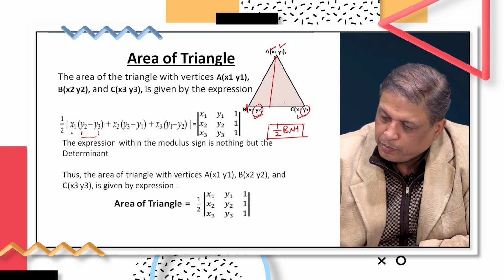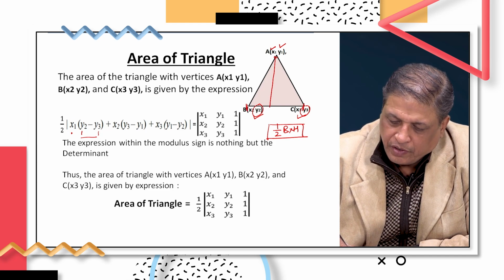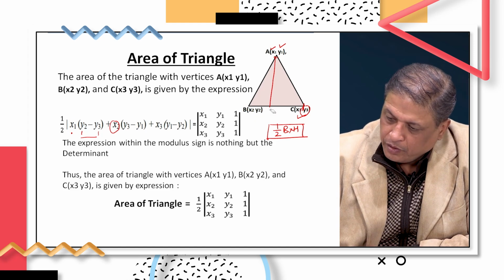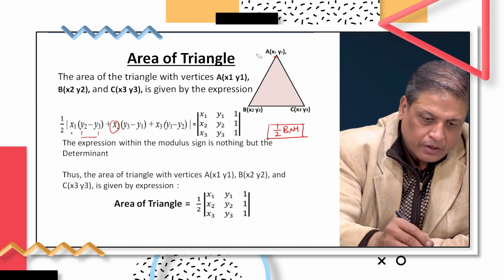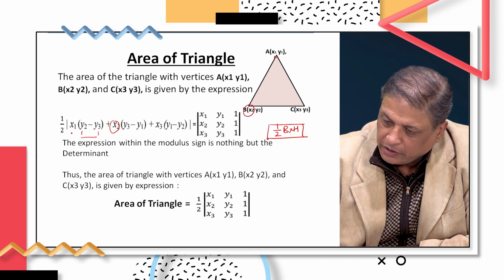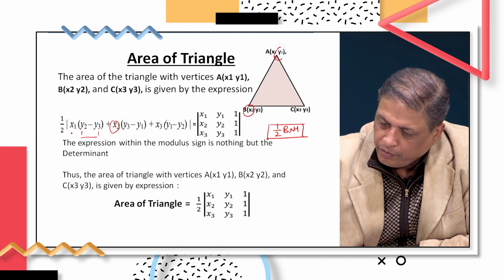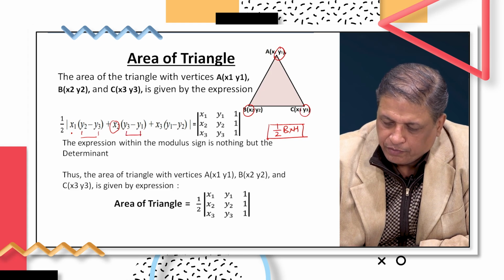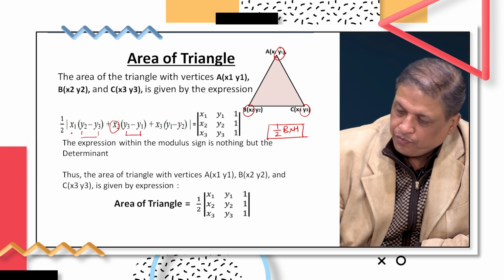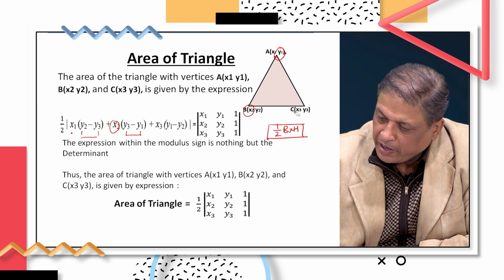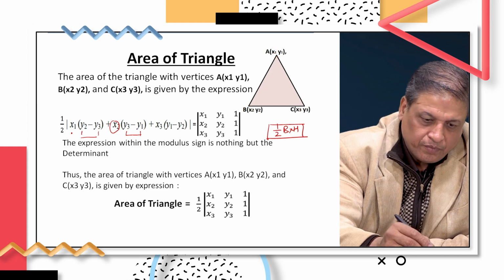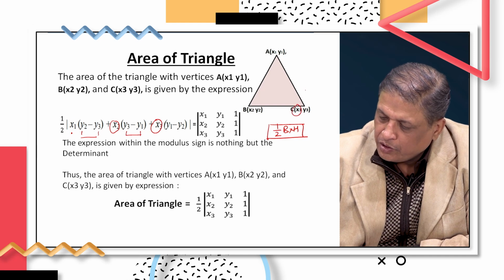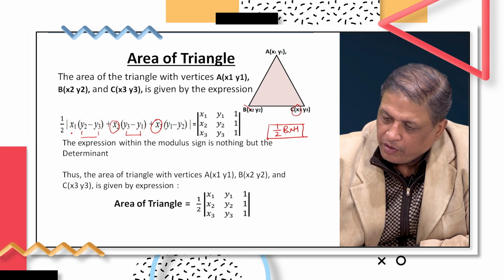Similarly, the next value is x2, and the remaining values y1 and y3 are on the opposite side, so y3 minus y1. Apart from this, the next value is x3, and the opposite values are y1 and y2.